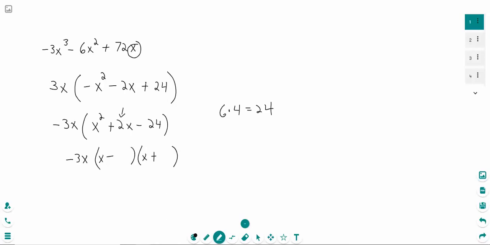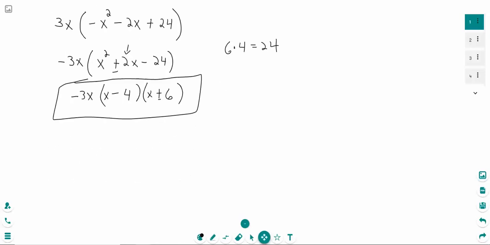So 6 and 4 seem to work. So if that's the case, which one goes where? Well, this sign indicates that it goes with the larger one. So the largest one is the 6, so the 6 goes with the positive, right? And then the 4 goes with the negative. And if I wanted to, I could FOIL this out and make sure that that does work the way I think it does. Okay? At this point, we're wrapped up. That's as far as we need to go. Okay? Very good.